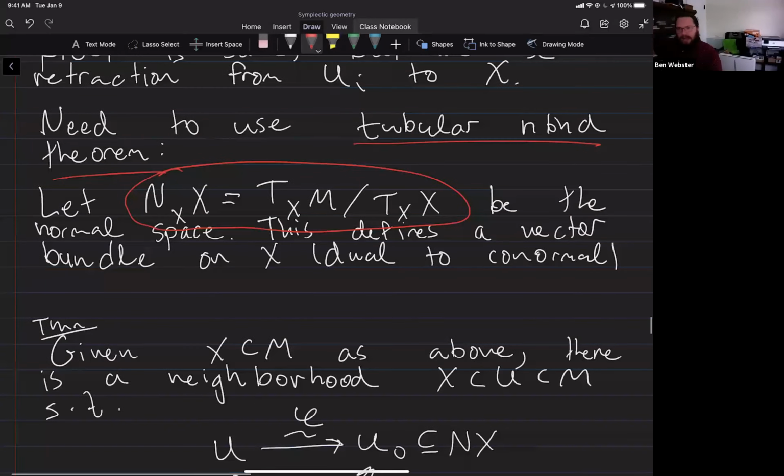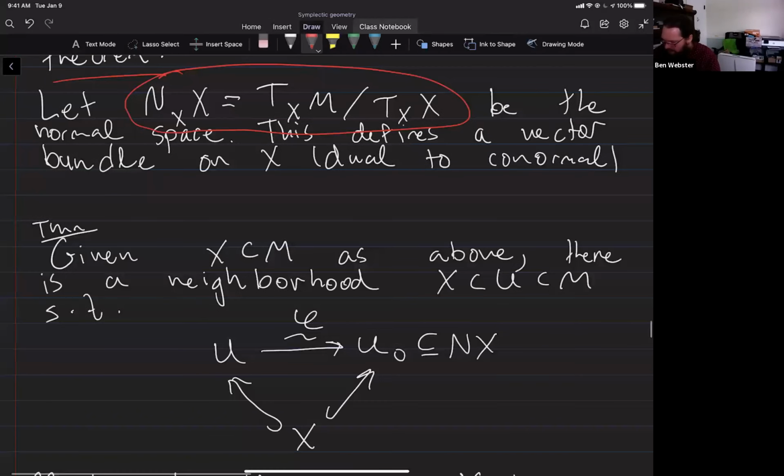If I think about this on X, it'll give me a vector bundle on X. I can think of the vector bundle whose fibers are the tangent spaces of M on X. That's the pullback vector bundle from the tangent bundle of M. You can think about the tangent bundle of X as a sub-bundle of that, and then I can take the quotient of vector bundles. This normal bundle is denoted NX.